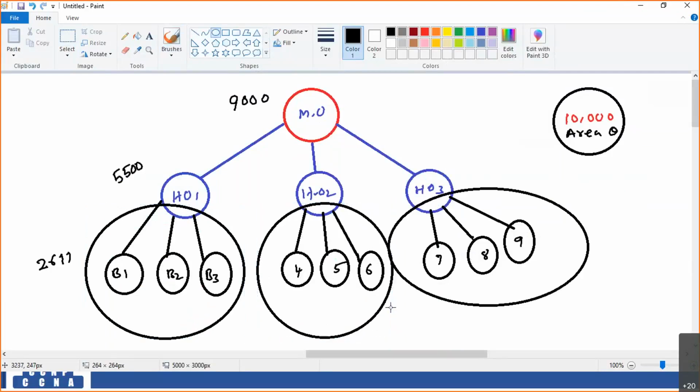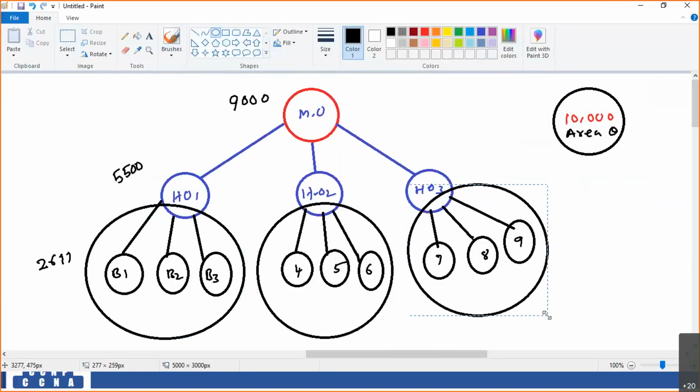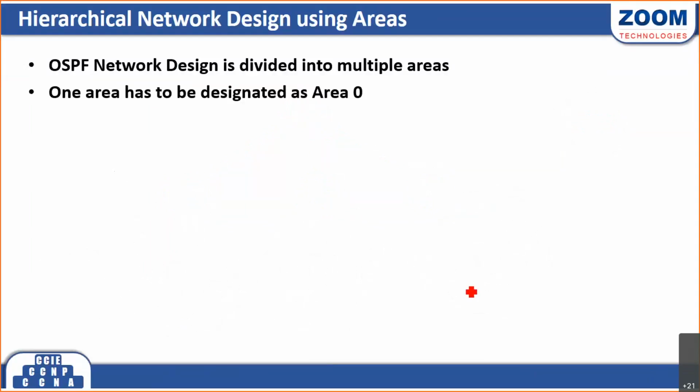Again, a few routers come in another area. And you can define the names for areas. Area 0 is the default. We can start with area 1, area 2, area 3 like this. For example, area 10, area 20, area 30.